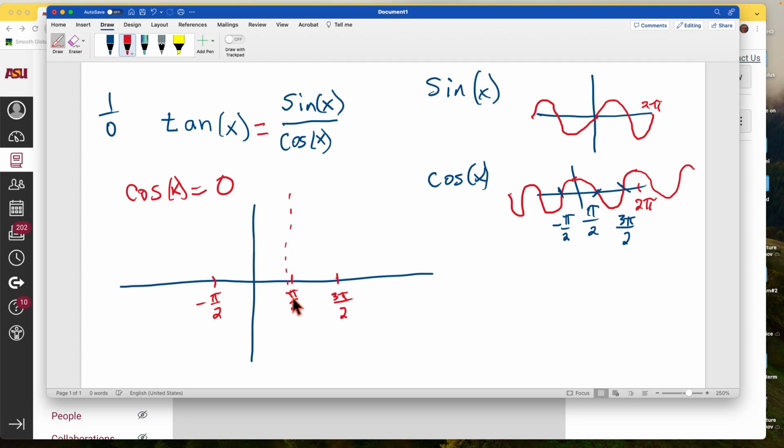Because of what we talked about, we're expecting some kind of asymptotes. This actually should be pi. Let me make a more to-scale drawing. So it's pi over 2.